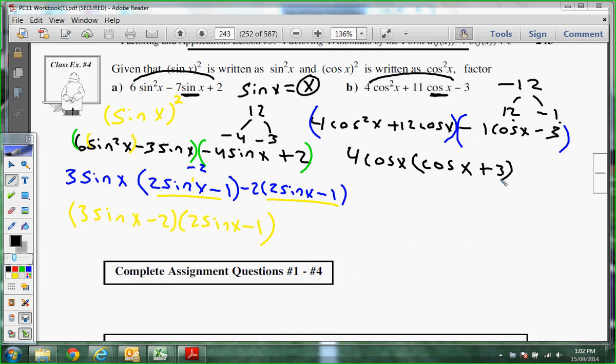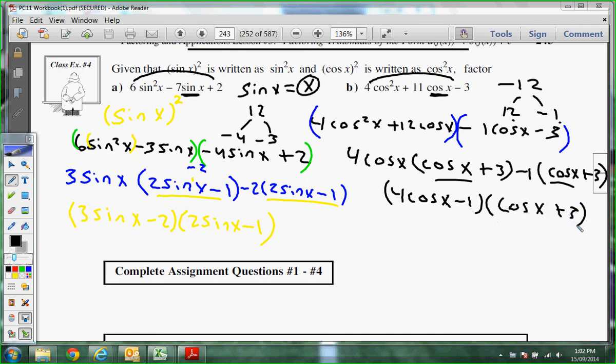Just a negative 1. And now we can push, these match. We feel good: 4 cosine x minus 1 times cosine x plus 3. I know those are ugly, a lot of writing, and they don't look nice, but I really feel like those are probably just as easy as the last ones.